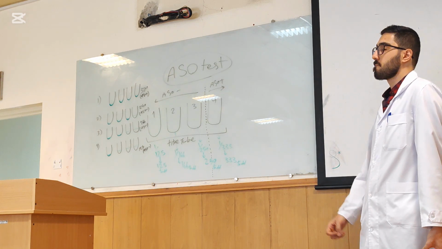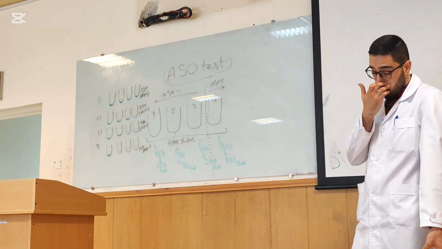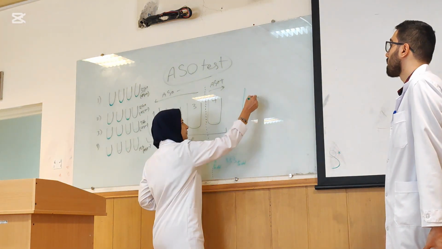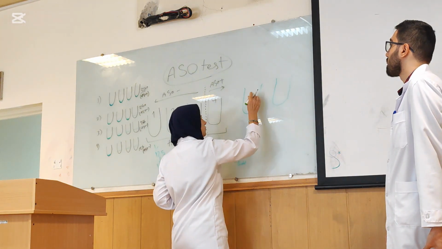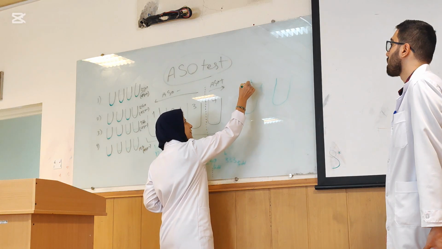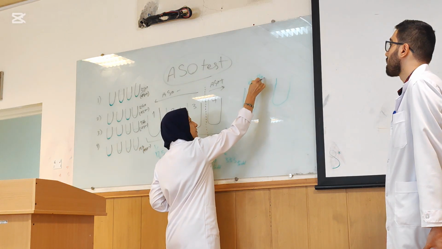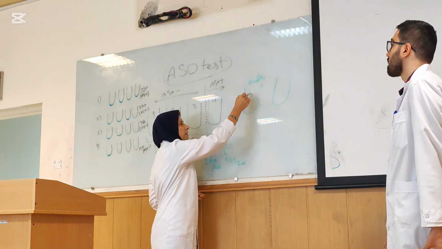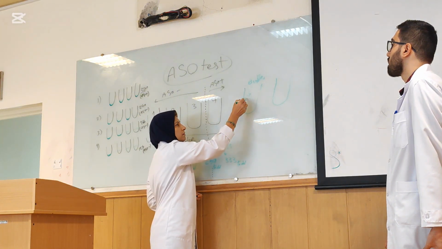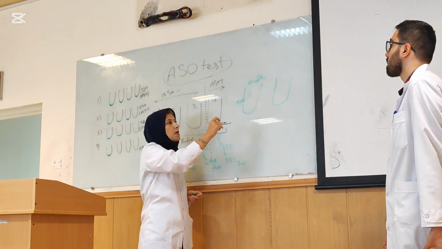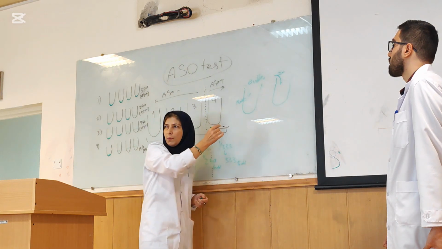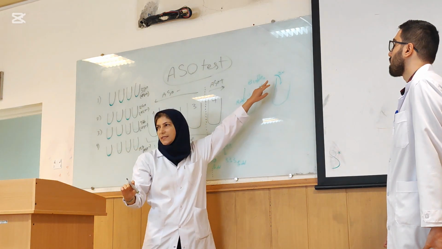About the controls: we have tubes 5 and 6. This one is for control of the buffer. We just want to control our buffer. We add buffer and RBC here, not SO. But here we must add SO, because we must control our SO.